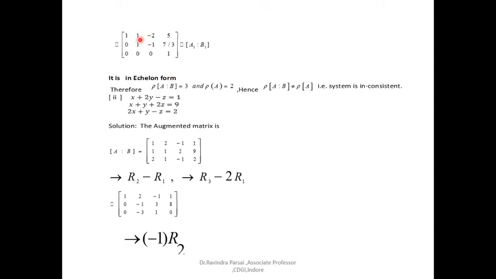So you are getting [1 1 -2 5; 0 1 -1 7/3; 0 0 0 1].